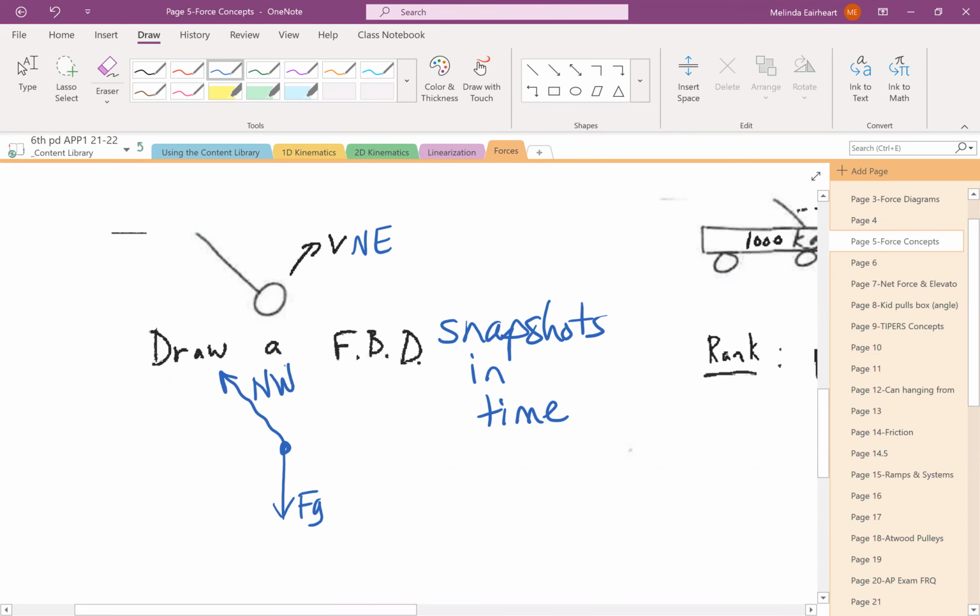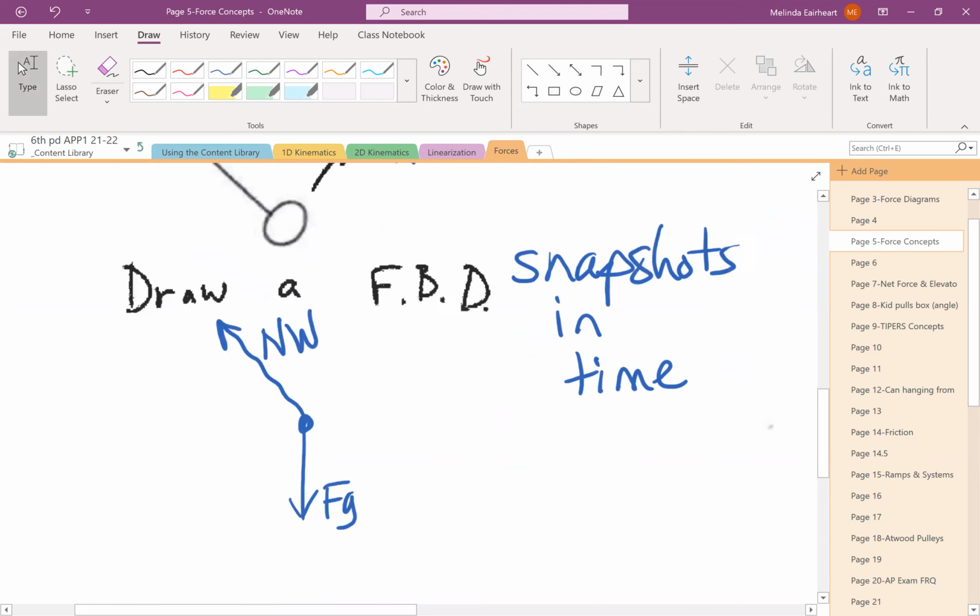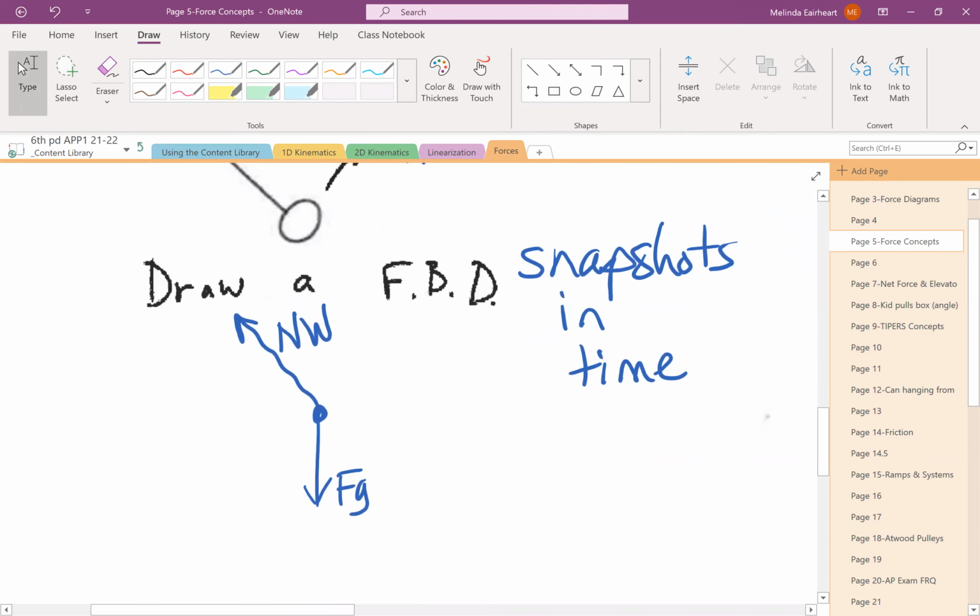Now that arrow there, I don't know if you can tell, but it got a little squiggly. Something's up with my stylus. So that's supposed to be a straight arrow, not a ziggy-zaggy arrow, okay? And that's it. Oh, I'm not labeling it northwest, FT, tension.